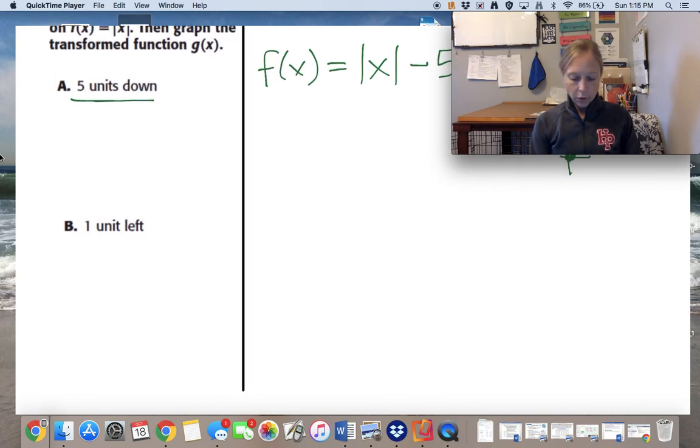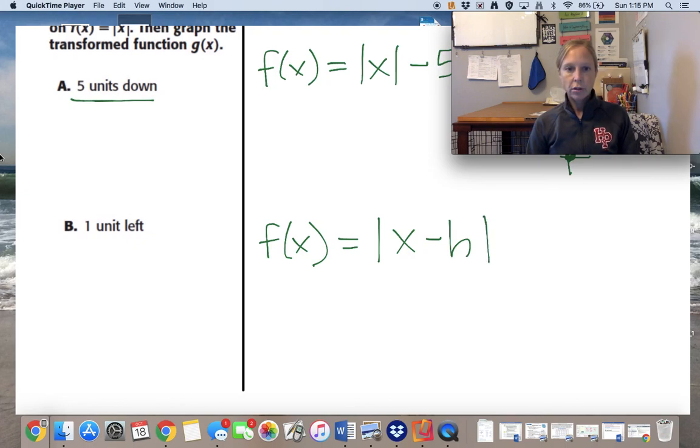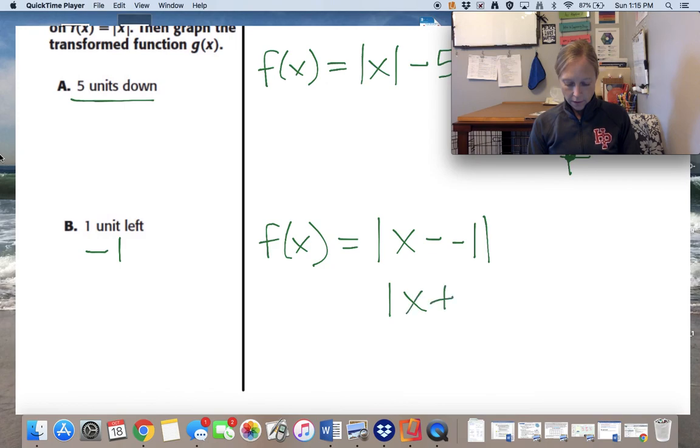All right, next one, we're going to go 1 unit left. Left and right is horizontal. That means we subtract h. So 1 unit left is like a -1. So my h is -1, and minus a negative actually means to add.